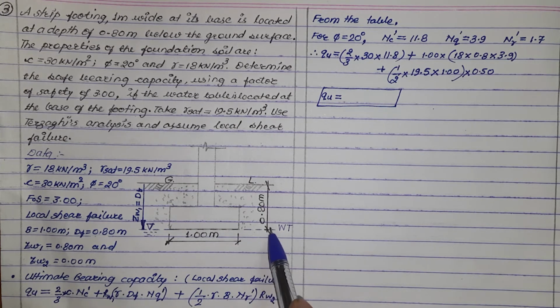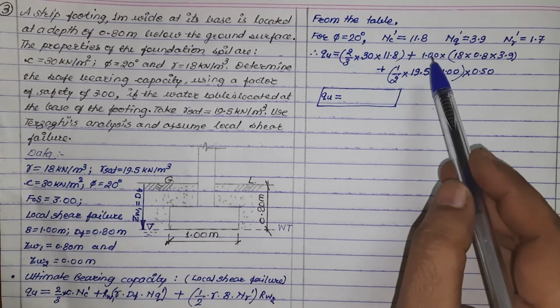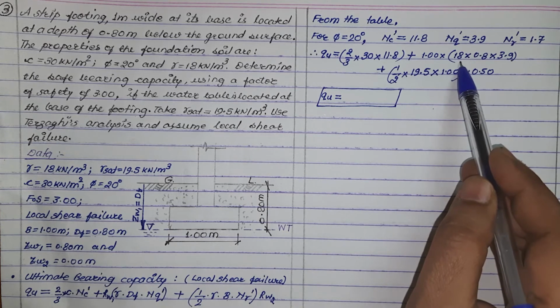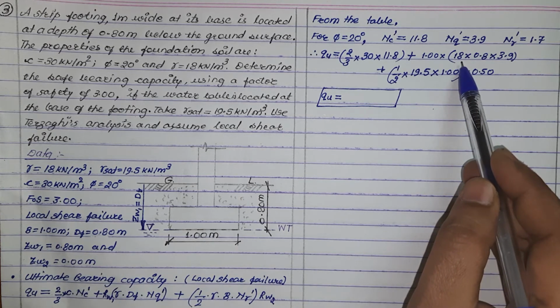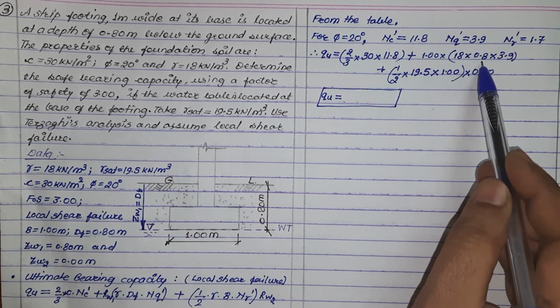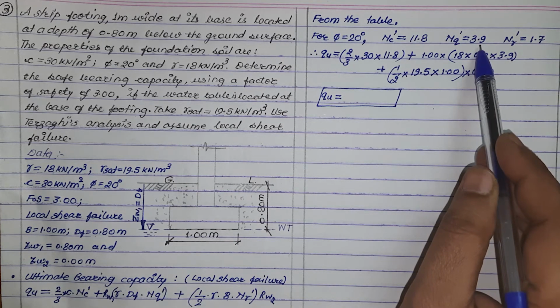Hence, soil above water table will be moist soil and soil below water table will be saturated soil. Therefore, in the second term, we have used this 18 value, which is related to unit weight of the soil in moist condition above water table. This is multiplied by DF, that is 0.8 depth of footing, multiplied by NQ dash, that is 3.9.